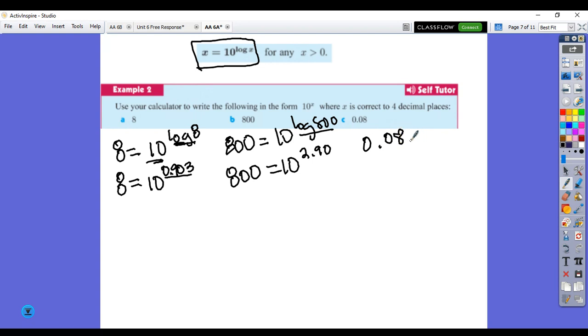All right, so 0.08 equals 10 raised to the log of 0.08. Find log of 0.08 in your calculator. That's negative 1.10. You need 3 significant figures.